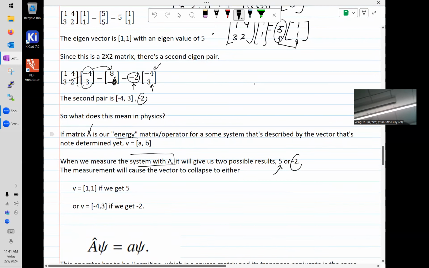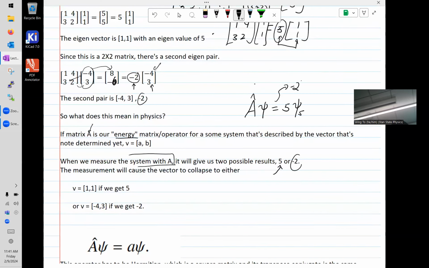Okay. So basically, if you act on your wave function, it's going to be equal to 5 multiplied by the wave function, and this will be the eigenvector for that particular eigenvalue. Okay, I'm just going to label it 5. There are 2 possible ways for this to come out.